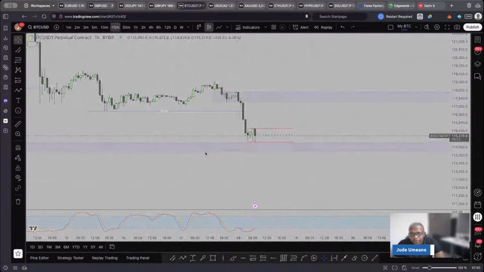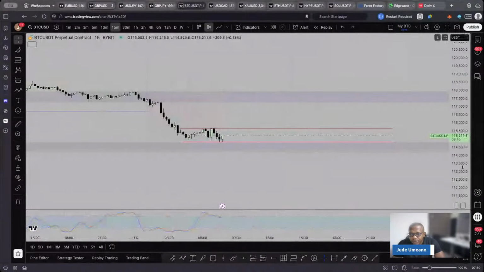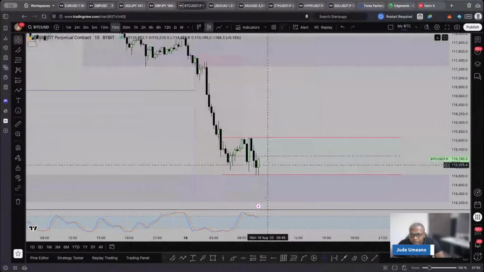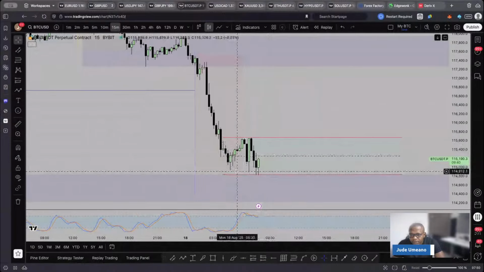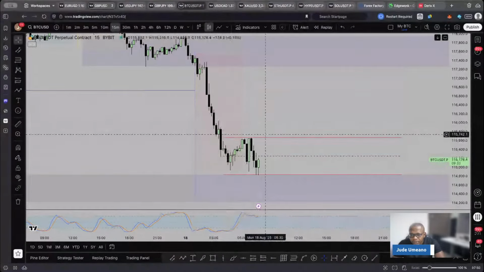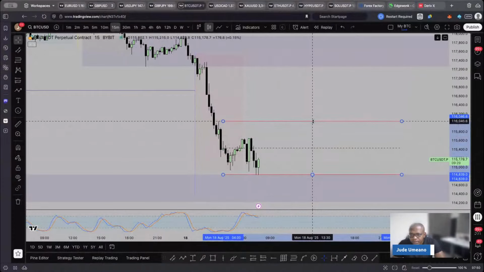Let's go to 15 minutes because I'm not seeing any clarity of which direction to go on the 1 hour. On the 15 minutes, we have some choppiness here. No break of structure down. It's still liquidity sweep all the way high. But okay, this is now the zone I'm going to look at for Bitcoin.